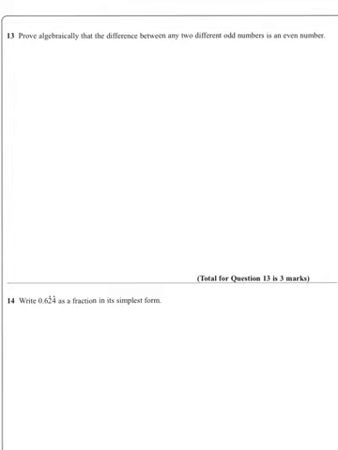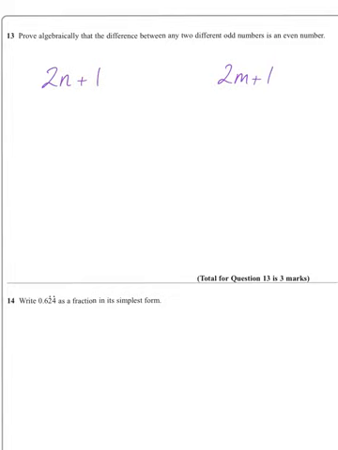Question 13. Prove algebraically that the difference between any two different odd numbers is an even number. Well, let's look at an odd number. Let's call it 2n plus 1. And let's call another odd number 2m plus 1. That would be the cleverest way of doing it.